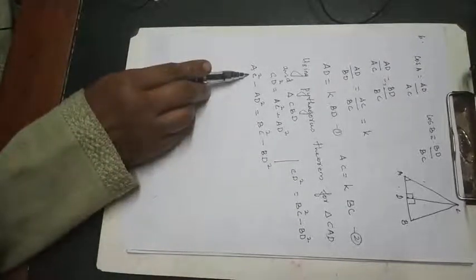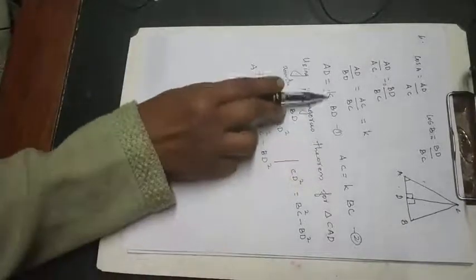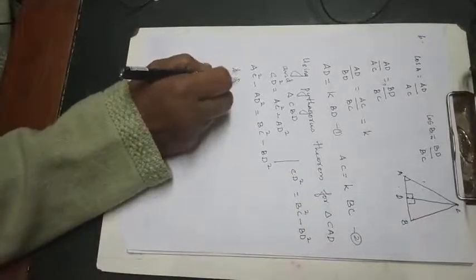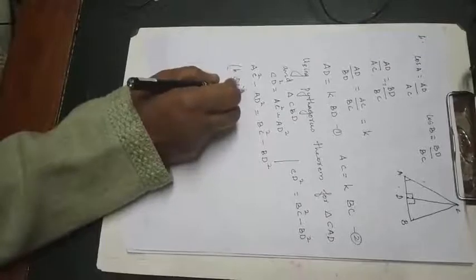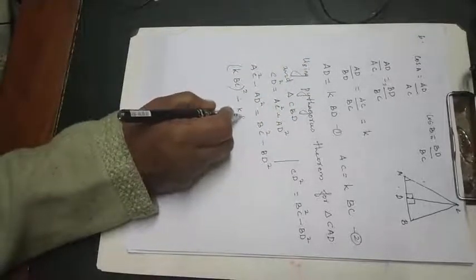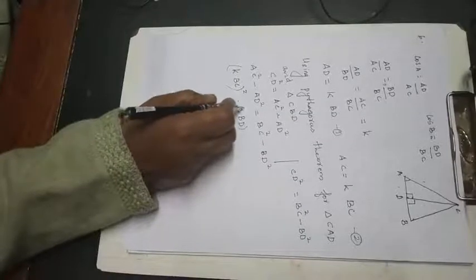Now put the values of AC and AD. What is AC? K into BC, so K into BC square. What is AD? K into BD square.